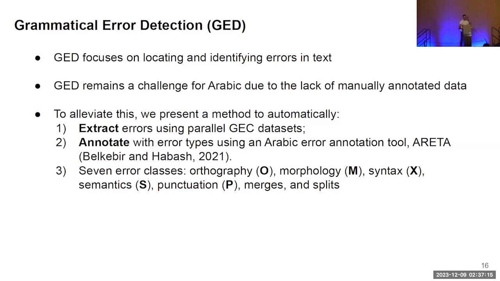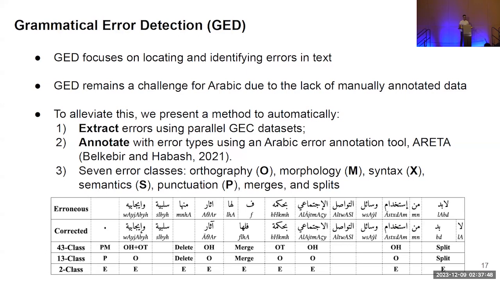In our work, we mitigate this problem with a method that automatically extracts errors from existing parallel GEC datasets, and then annotates those errors based on error types using an automatic Arabic error annotation tool called ARETA. ARETA models 7 error classes that cover orthography, morphology, syntax, semantics, punctuation, merges, and splits.